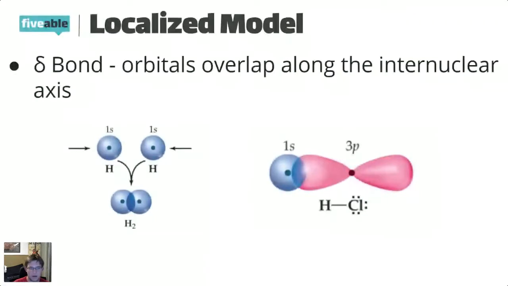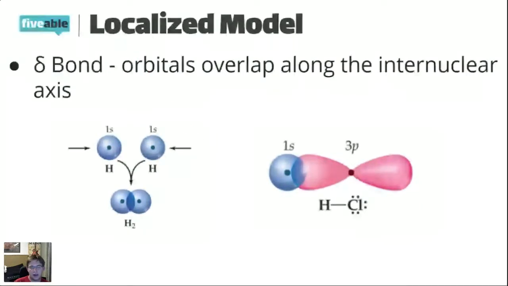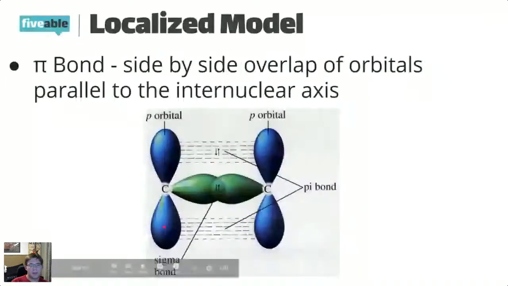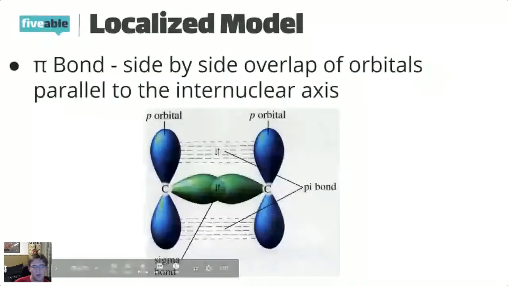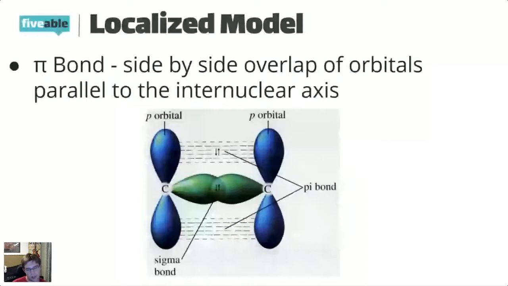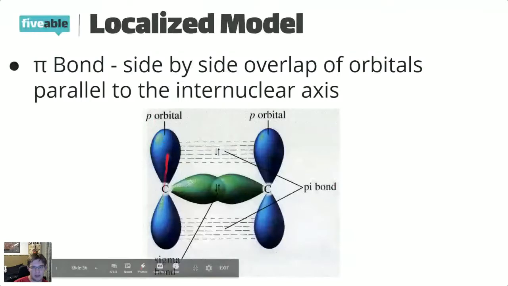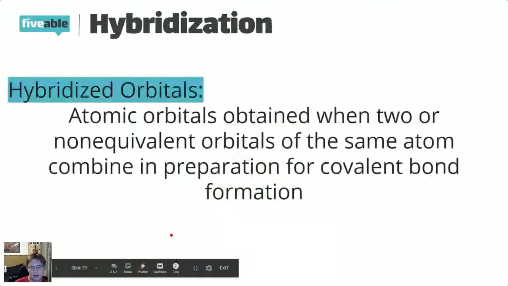You might be wondering what happens with double bonds. That's where pi bonds come into play. A pi bond is defined formally as a side-by-side overlap of orbitals parallel to the internuclear axis. That might sound really scary, but all it means is that when you have a double bond, you have these p orbitals sticking out this way, and if you have another bond, they're sticking out like that.